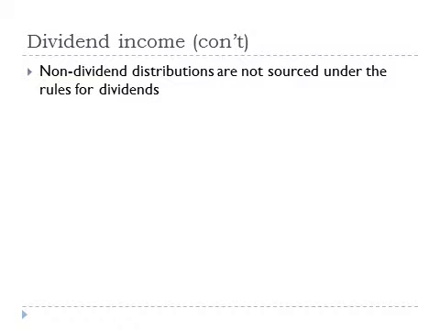Dividends do not include non-dividend distributions from corporations. The sourcing rules in Section 861 refer to dividends. This term is defined by Section 316 and refers to distributions to shareholders which are not liquidating distributions or distributions to redeem stock, except to the extent these latter distributions are specifically classified as dividend distributions.